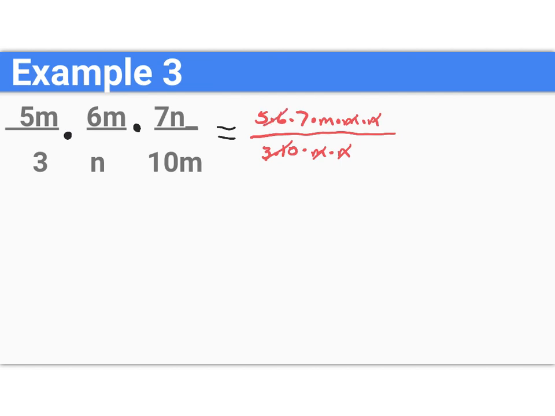So we can cross both of those out, and we're left with 7M, simplified. So those were our examples. Please work on the practice problems, and I will see you at the end of the video for a recap.